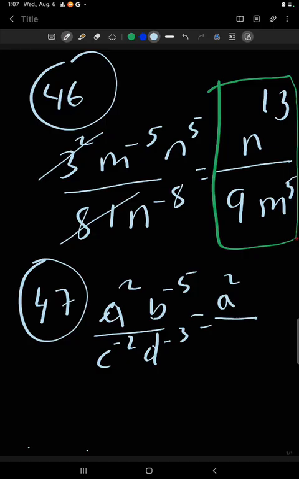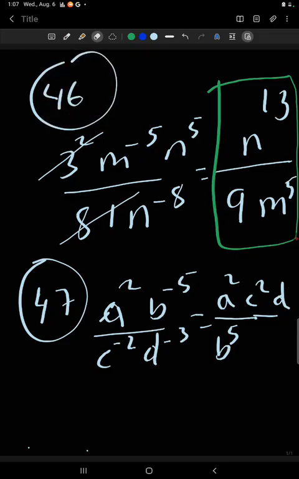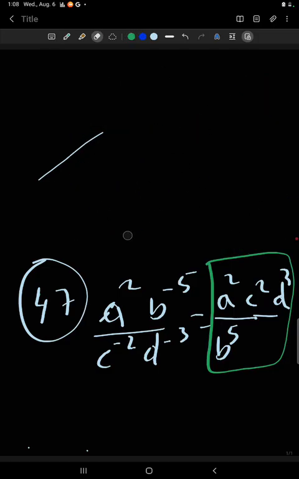So b will become b to the 5th power, c will go up, and d will go up as well. This is supposed to be a 3 here. Okay, this is 3. So that's our total answer there. Pretty quick in that sense. That was 47. So 48, let's see what 48 has for us.